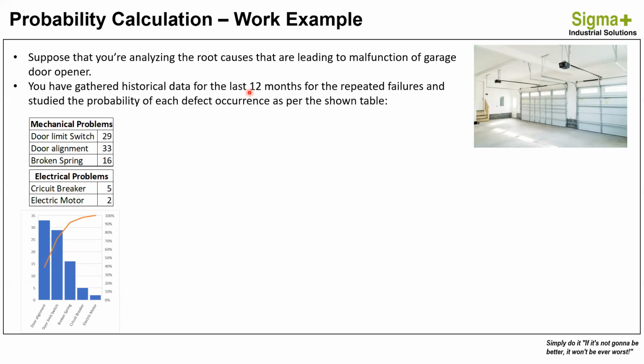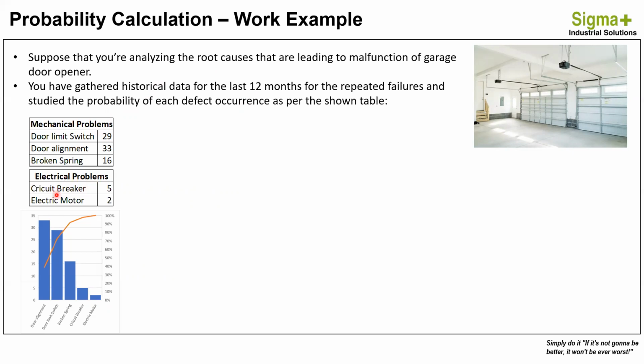Remember last lesson when we discussed the empirical probability. If I want to know the probability of any fault that might come from the door limit switch for the next year, I will simply divide the 29 by the 365 days.